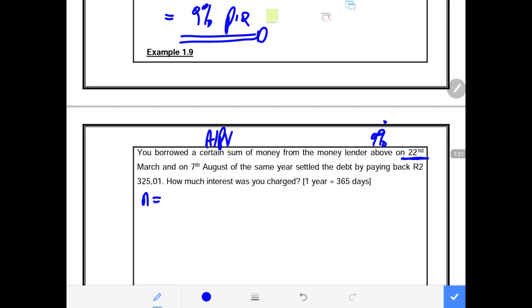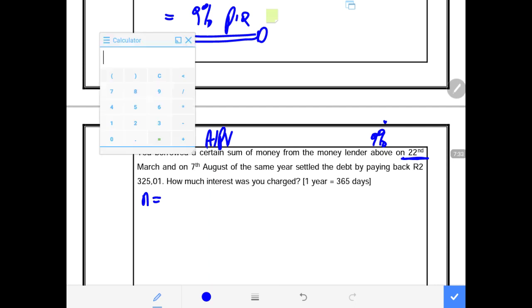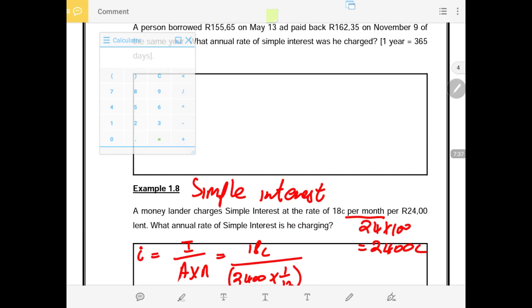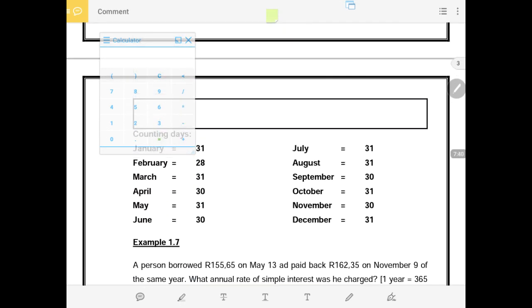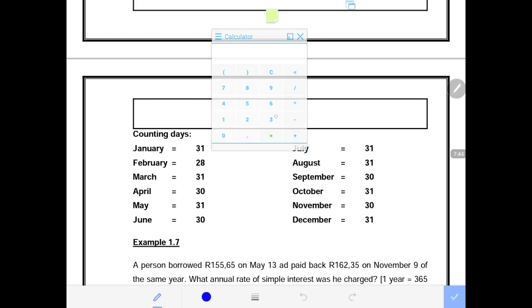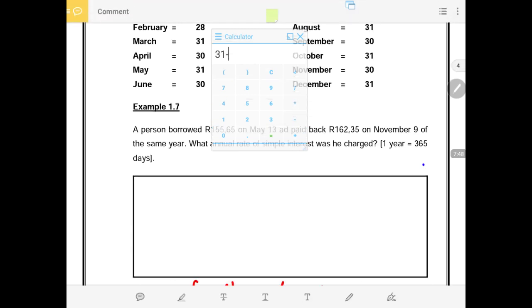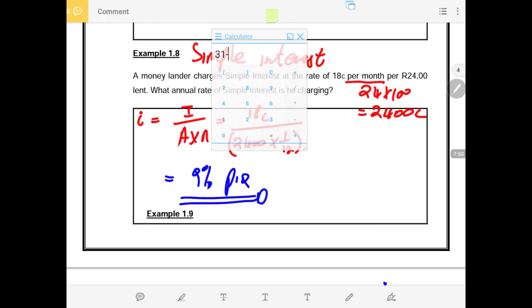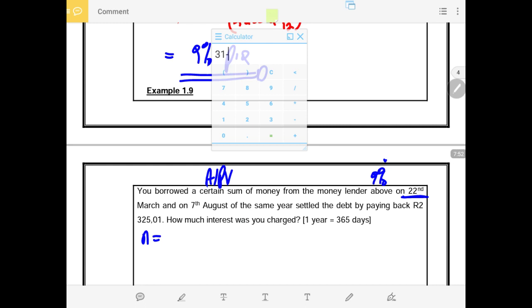I want to verify this with the months because I know it by heart, but I want to make sure that you master them. So March has 31 days, then it will be 31 minus the date the amount was borrowed, which is the 22nd, minus 22.